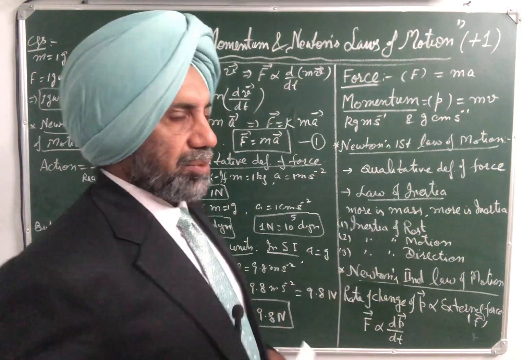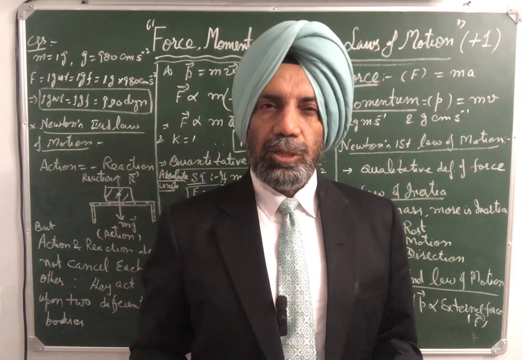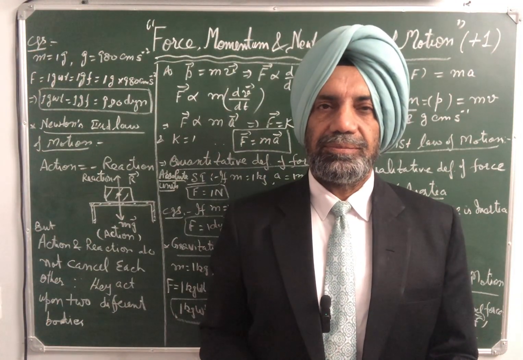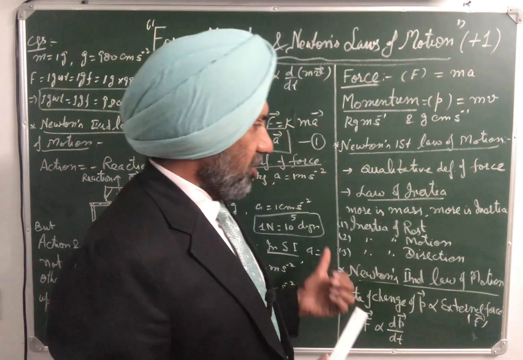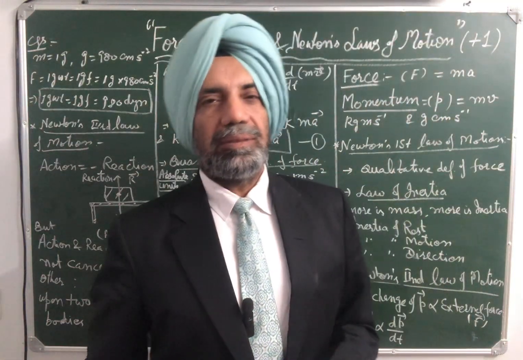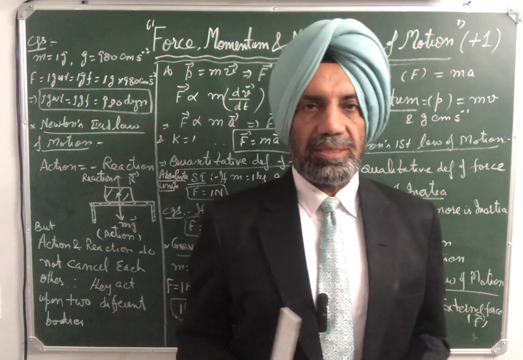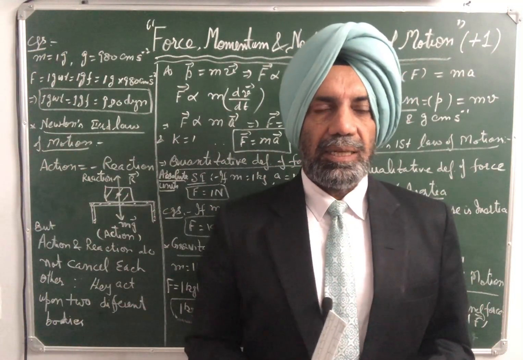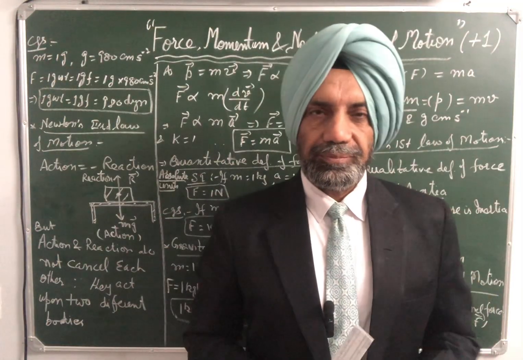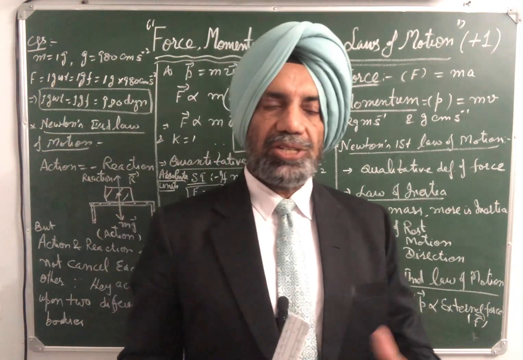Now inertia is of three types. Inertia of rest: the inability of the body to change its state of rest by itself is called inertia of rest. For example, when we are standing in a bus which is at rest, and the bus suddenly starts moving, we feel a backward push because of inertia of rest.